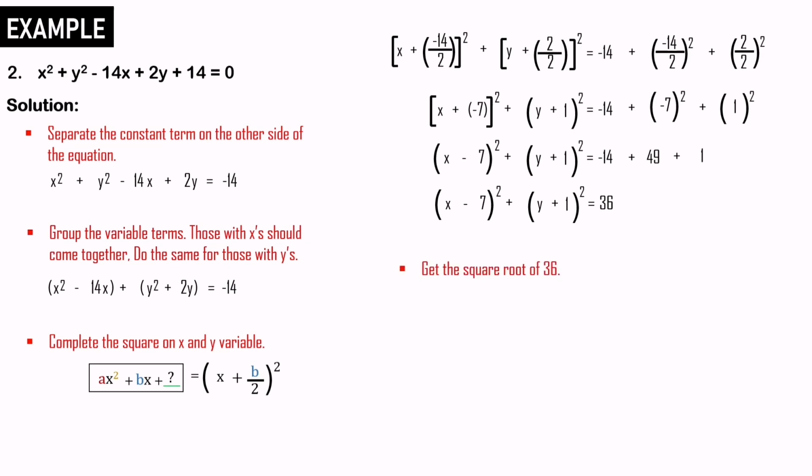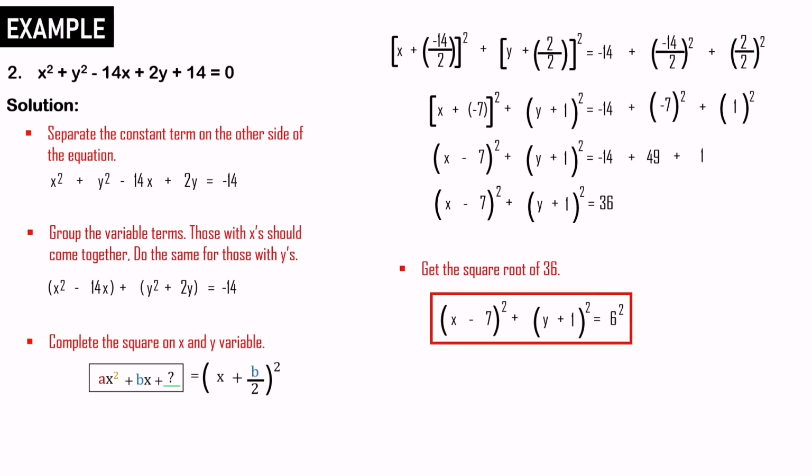And then we get the square root of 36. So we have x minus 7 quantity squared plus y plus 1 quantity squared is equal to, the square root of 36 is what? 6, right? So 6 squared. So this is now our standard form of the equation.